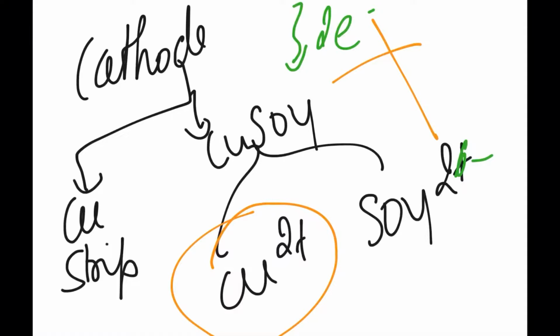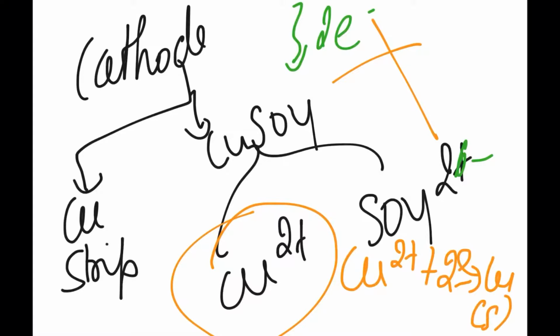Okay. If these 2 electrons go to copper, do you think there is anything called copper 2 negative? There isn't. But if these 2 electrons go to copper 2 positive, they can bring about this reaction. Copper 2 positive plus 2 electrons will give you copper metal, copper solid, and more copper will be generated here. So this reaction is possible.